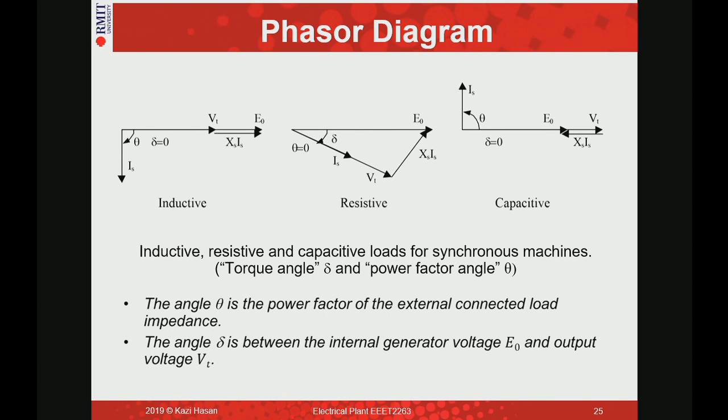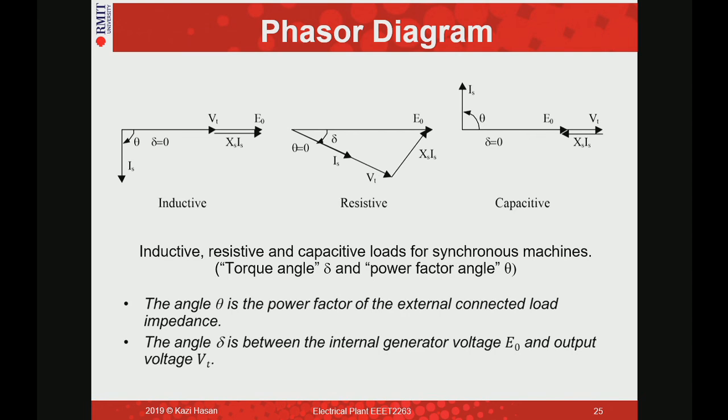That theta is coming from the load. And this delta, that is what we got at the end. Once we complete the diagram, you find the angle between E and E naught, that is delta. And theta is coming from the load, depending on whether the load is resistive, inductive, capacitive.